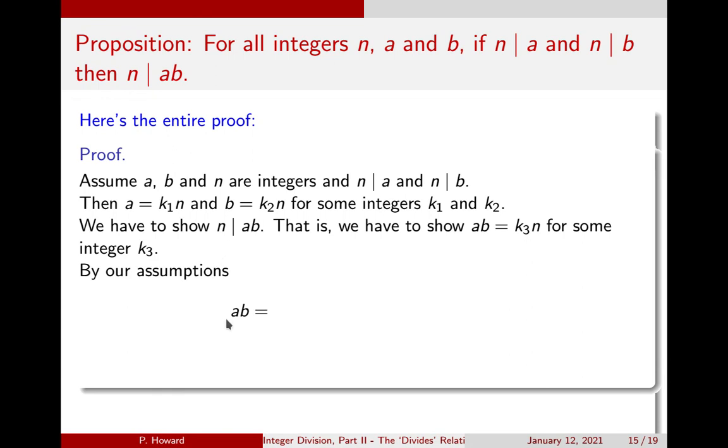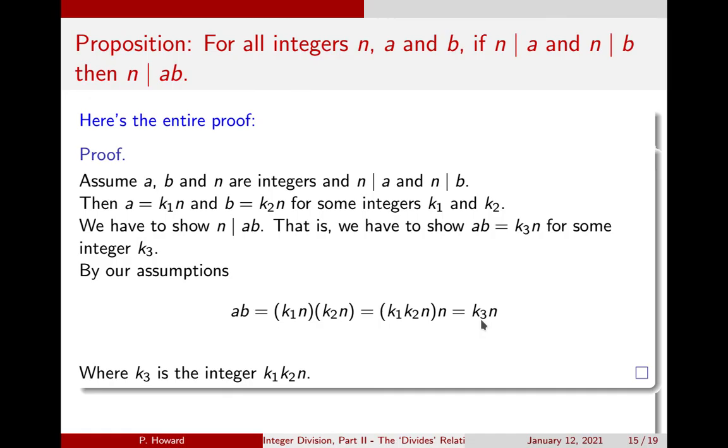So by our assumptions, a times b is k1 times n times k2 times n. Right, I've replaced a by k1 times n. I've replaced b by k2 times n. With a little rearranging of the order of multiplication, that can be written as k1 times k2 times n, and that is k3 times n, where k3 is the integer k1 times k2 times n.